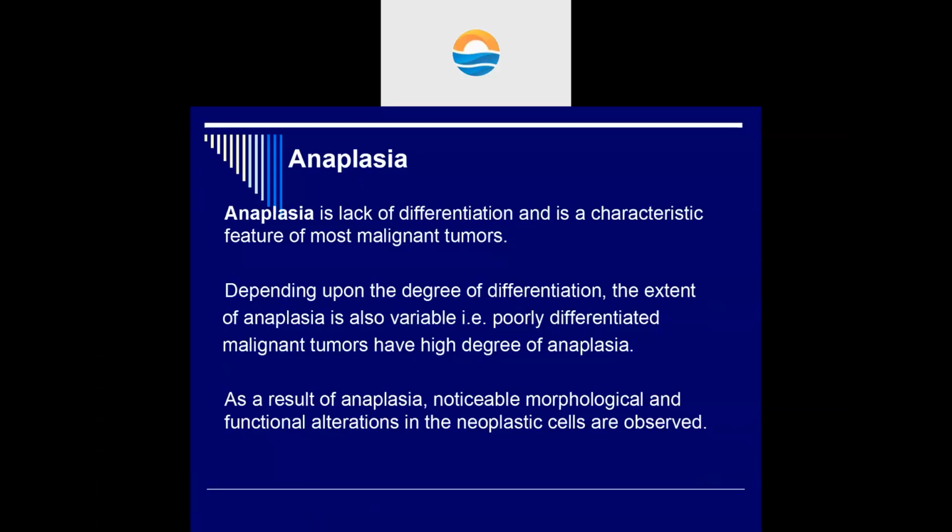Anaplasia is a lack of differentiation and is a characteristic feature of most malignant tumors. Depending upon the degree of differentiation, the extent of anaplasia is also variable. Poorly differentiated malignant tumors have a high degree of anaplasia. As a result of anaplasia, noticeable morphological and functional alterations in neoplastic cells are also observed.